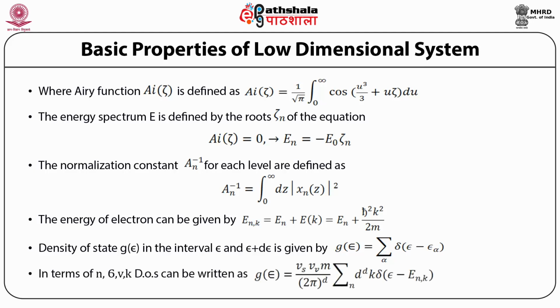Now in terms of m, v, k, the density of states can be written as G(ε) = νs νv (m/2π)^d multiplied by the summation over n of the integral d^d k multiplied by δ(ε − Enk).